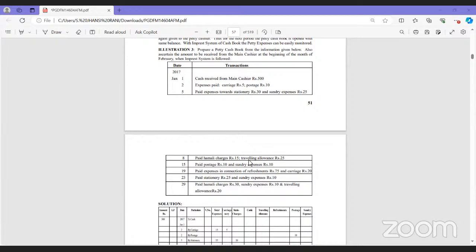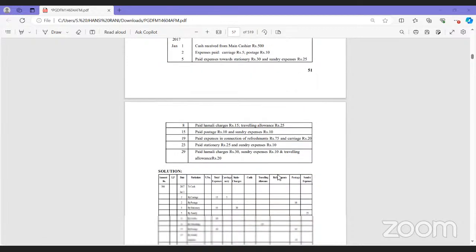Paid postage 10, sundry expenses 10. Refreshment expenses 75 and carriage 20. Paid stationery 25 and sundry expenses 10. Hamali charges 30. So these are all different expenses, and we are trying to understand the imprest system petty cash book.